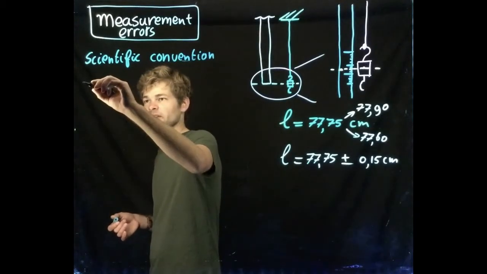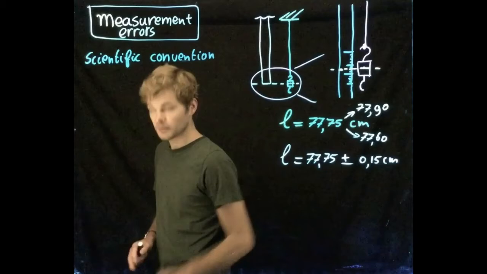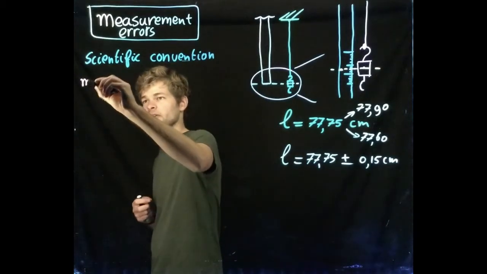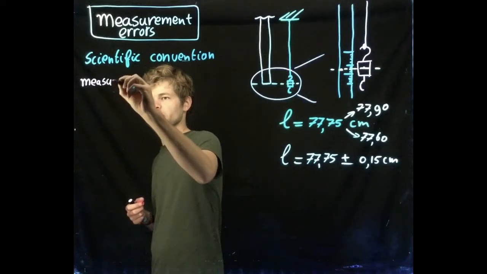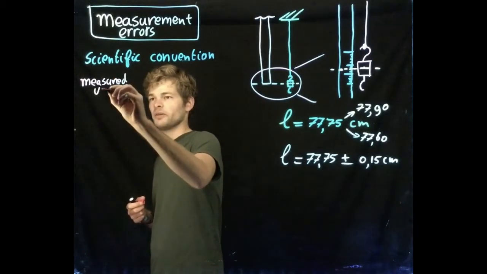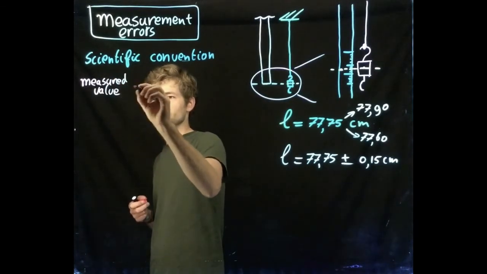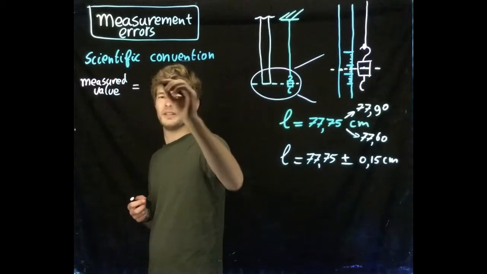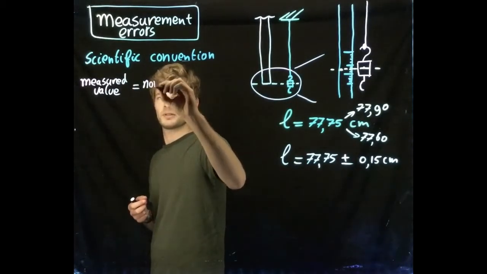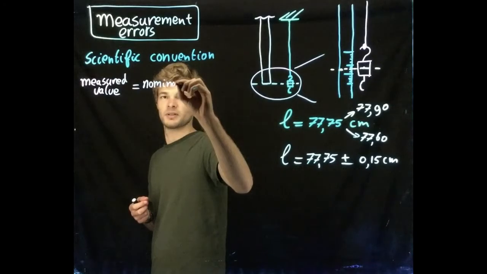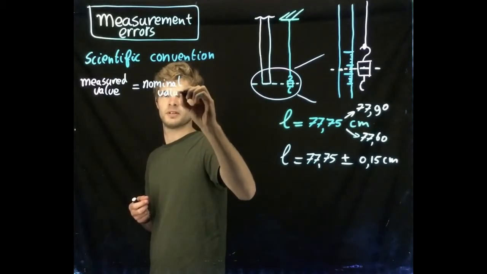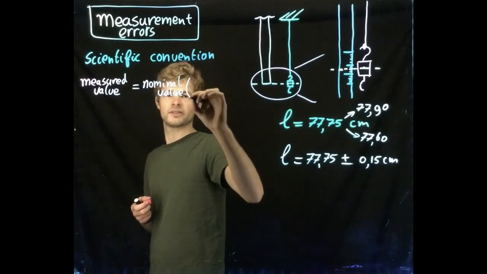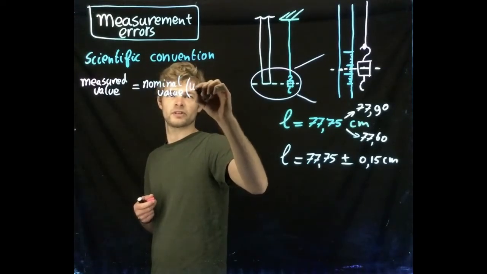Here I've got a measured value, so that would be my length, the measured value or quantity. That's equal to the nominal value, and in between brackets there is the uncertainty or error.